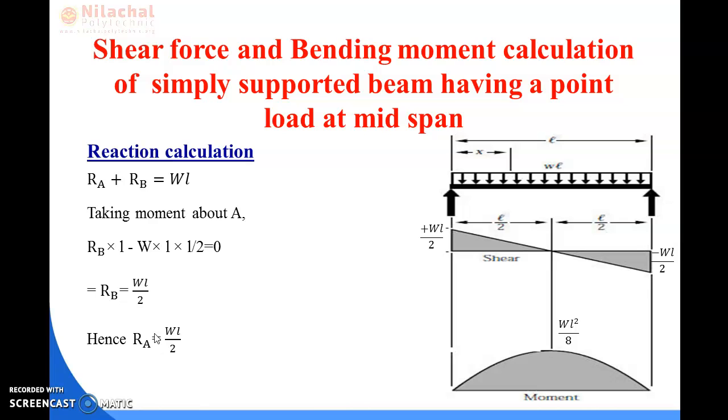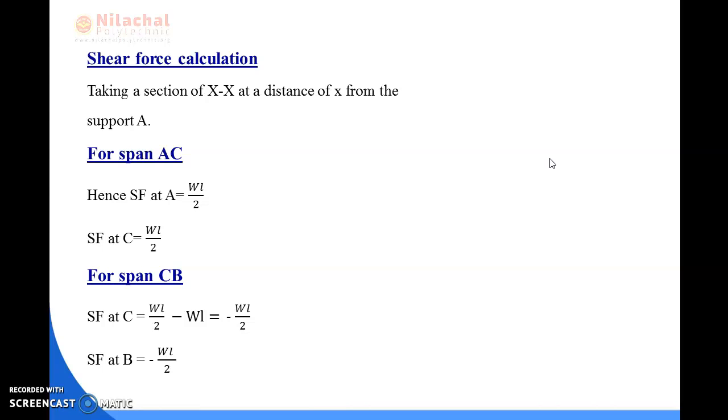So from the reaction calculation, we found out that RA value and RB value, which is equal to WL by 2. So now we can calculate the shear force of the salient point of this beam.